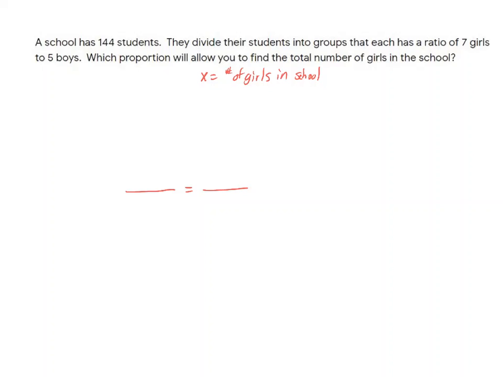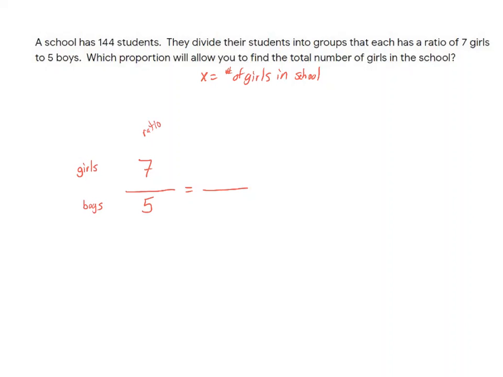Now, I've got a ratio of 7 girls to 5 boys. So I think I'm going to put girls on the top and boys on the bottom. So that means I could have 7 girls and 5 boys, just like that. All right? That would be the ratio.